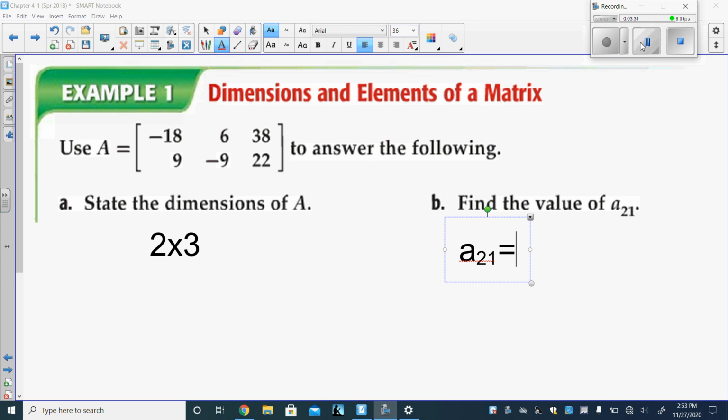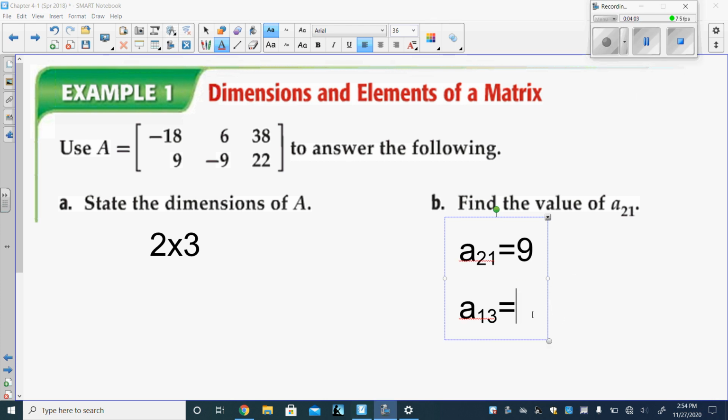The first number, the 2, is our row, and the second number is our column. So when it says 2, 1, we're going down 2 for our rows. We go from -18 down to 9, because -18 is row 1, 9 is row 2. So this is row 2, and we go over 1, which just leaves us at 9. So A21 would be 9.